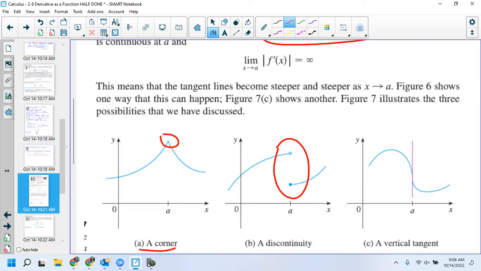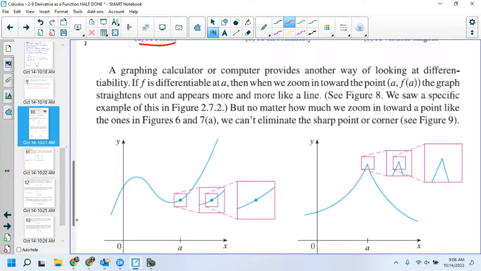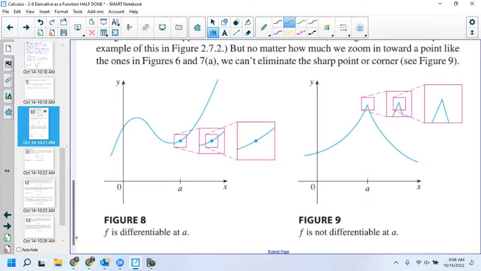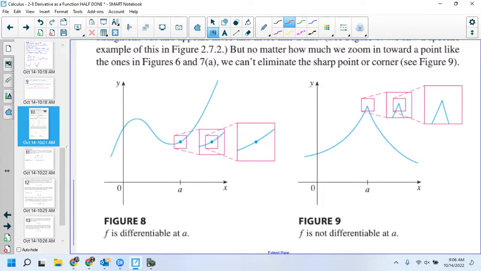So even if it bends through, it is not differentiable at that point either, because the slope would not exist. This is just like zooming in on any corner point. If it's a corner point, I can't draw a tangent line right on that point. That's why it's not differentiable at that point.